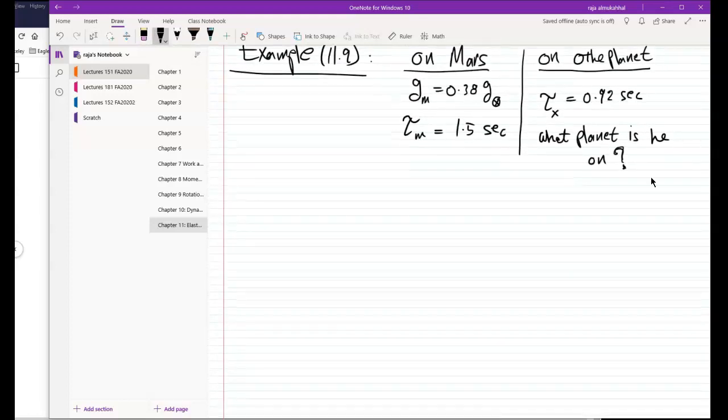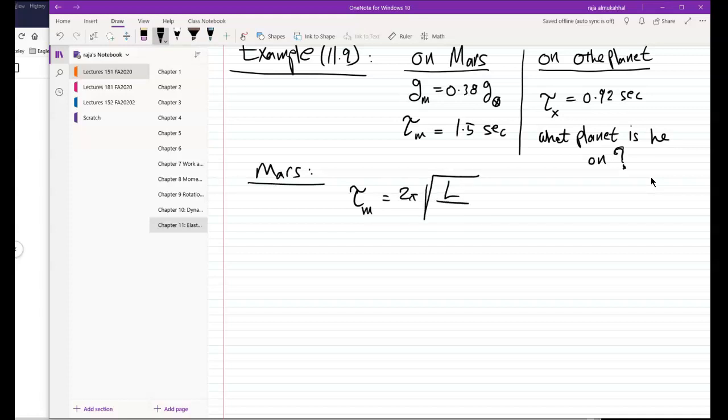Okay, so let's go back to Mars first. What kind of information can I benefit from it? Well, he's using the same pendulum, so I need to know the length of the pendulum. Make sense? So here we have the period on Mars, I'll just call it M, is equal to 2 pi square root of L over G on Mars. And I got everything.